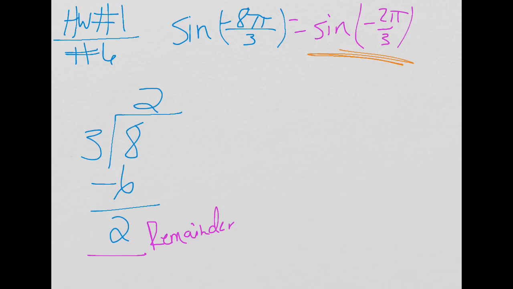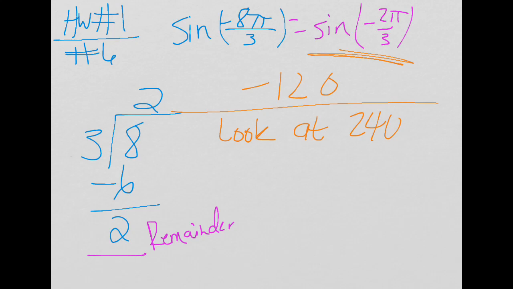So I got to figure out which angle to look at for negative 2 pi over 3. It's a 60-degree angle, but it's in the third quadrant. Negative 2 pi over 3 is the same thing as negative 120.